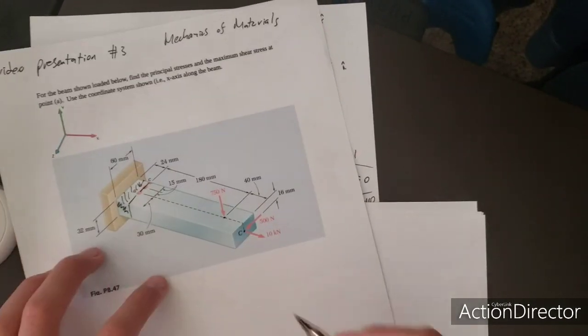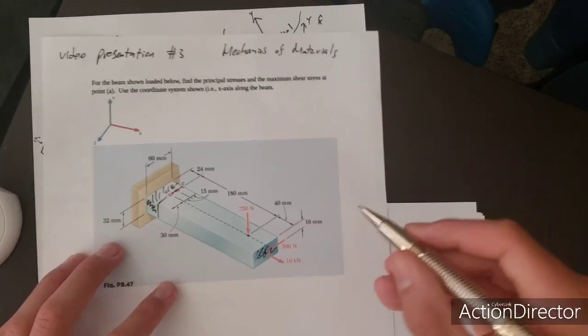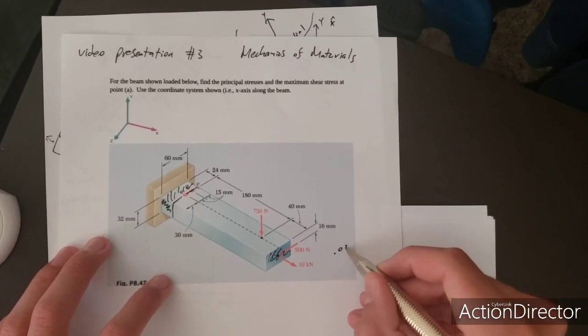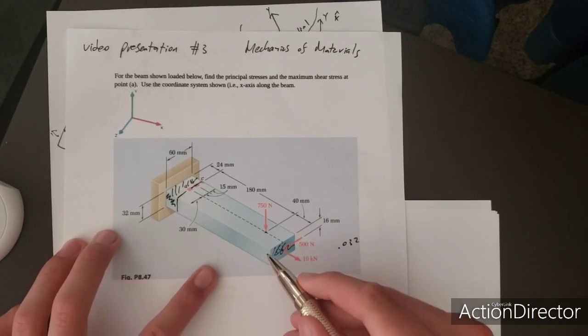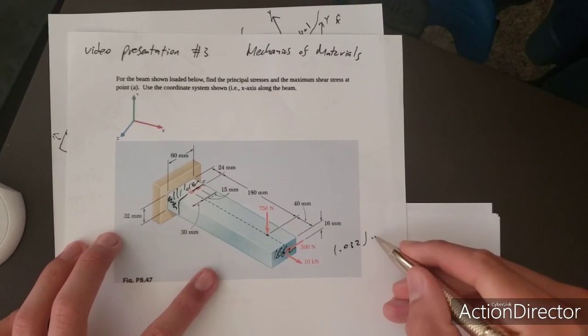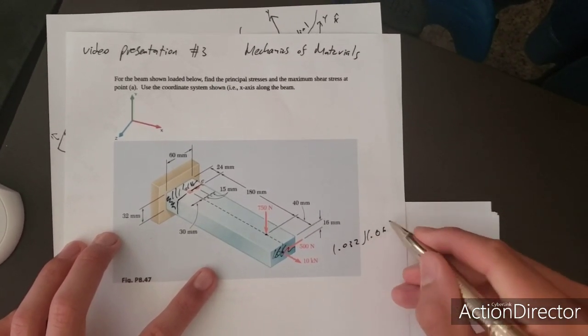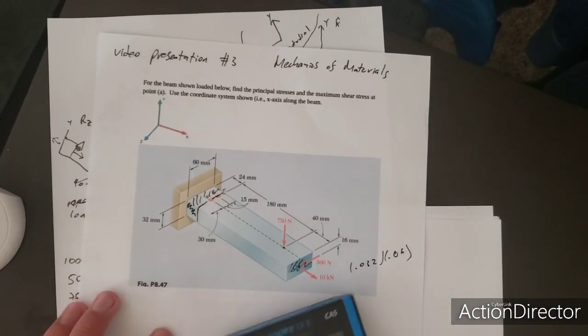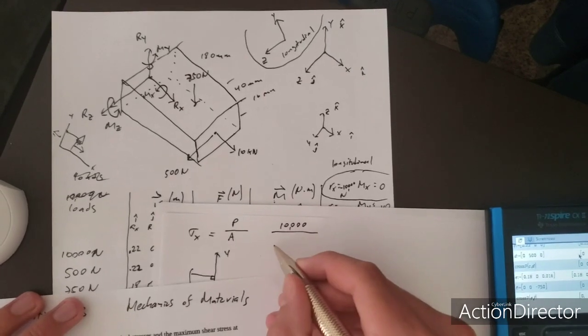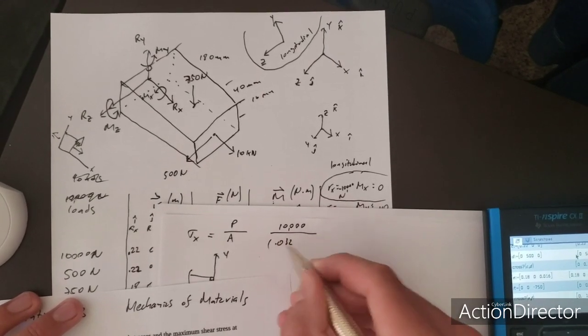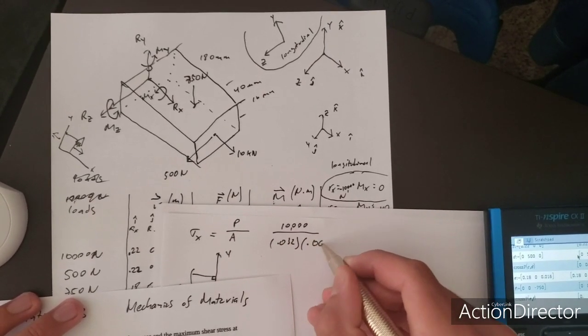So let's find this whole area. What is that? It's 0.032, that's double of this, times the base, and the base is 0.06 meters. Okay, I can actually just put it here: 0.032, 0.06.